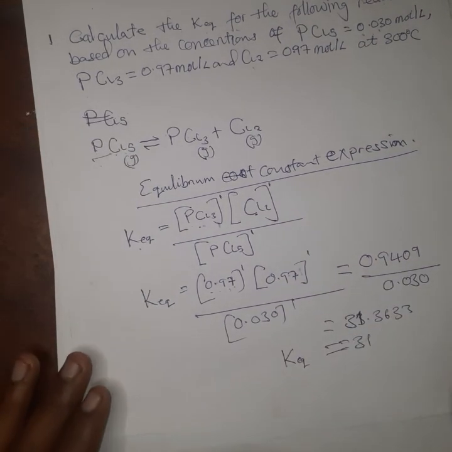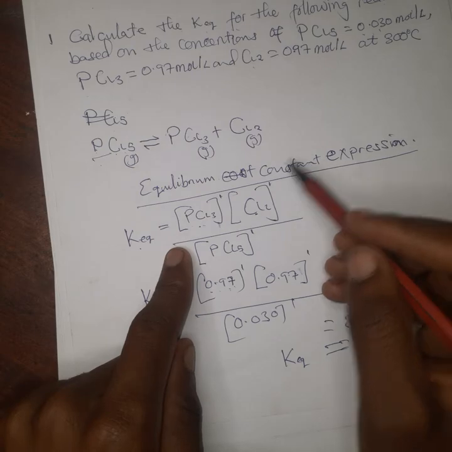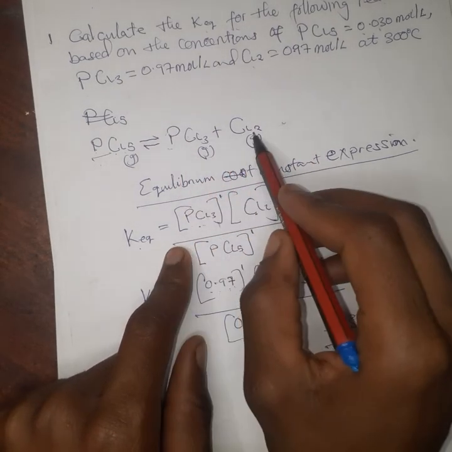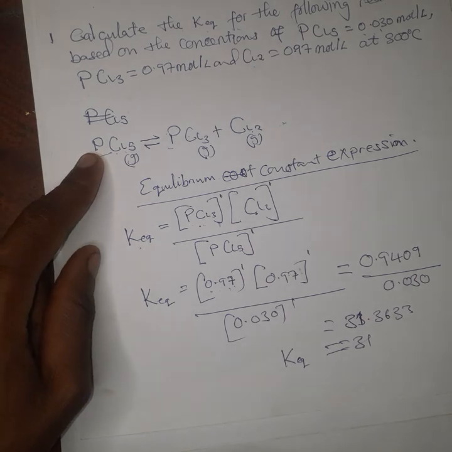Okay, so this is how we find the equilibrium constant in terms of concentration. So the equilibrium constant in terms of concentration is expressed by the product over the reactant. Always don't forget that.